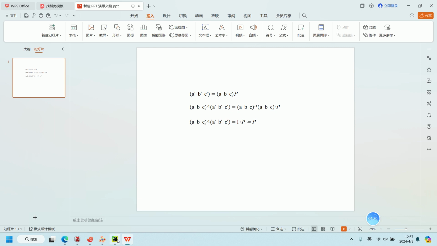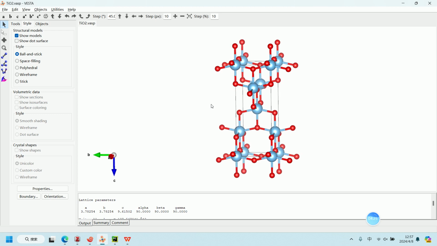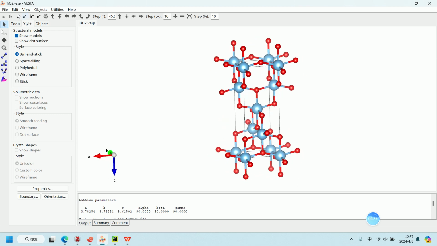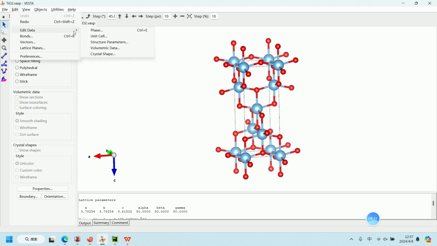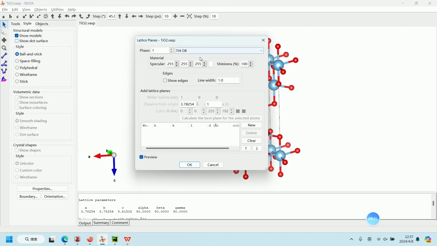a prime, b prime, and c prime. How to determine it? Let us look at this structure. We want to cut a 110 slab, so first we need to determine where the 110 plane is. In this panel in Vesta, we can plot a plane.